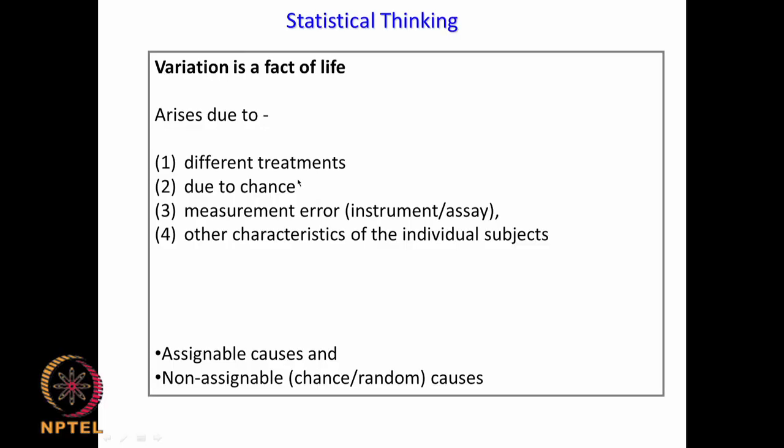So these variations arise because of different treatments, or because I use different treatment strategies, or due to chance. This is called random. Measurement error: I may have an instrument or an assay method which may always lead to error. Okay, I have to look at the color change. Sometimes I might not be able to exactly judge the color changing from pink to white.